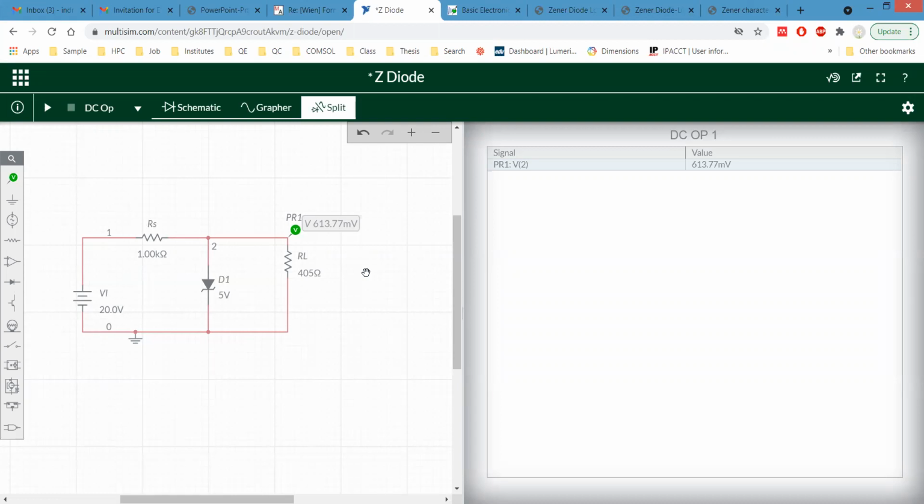Sir, forward bias, I think so. Exactly. So that is why it is not working. So remove all the data points. It is in forward bias. So if you want to have a special feature from Zener diode, then you must put it into reverse bias, right?